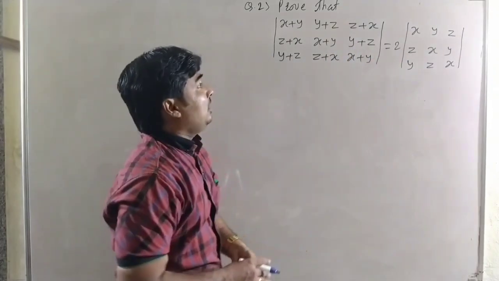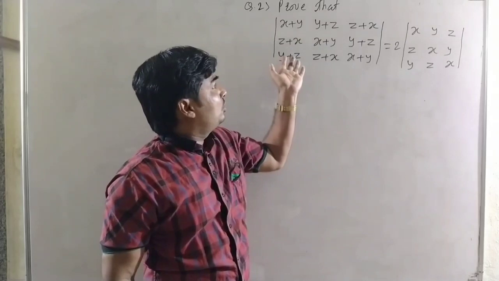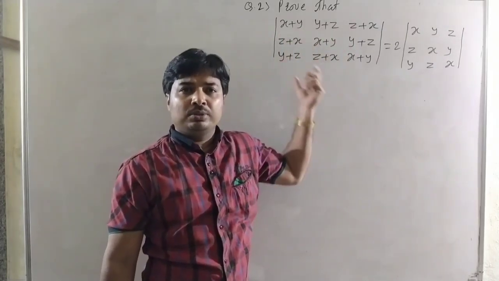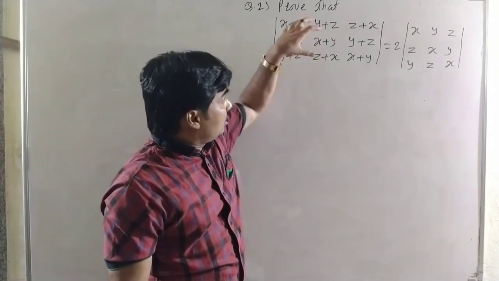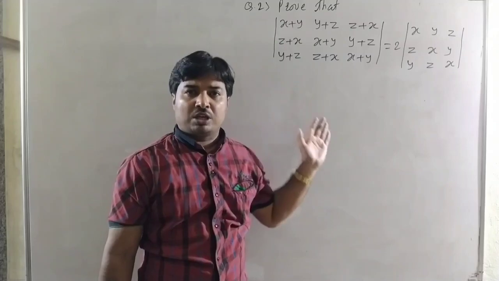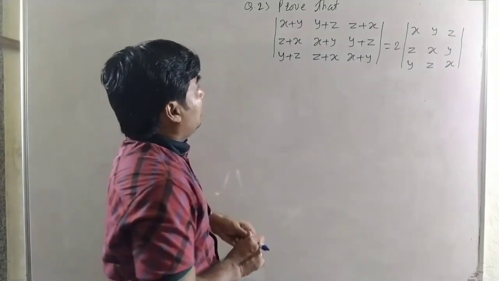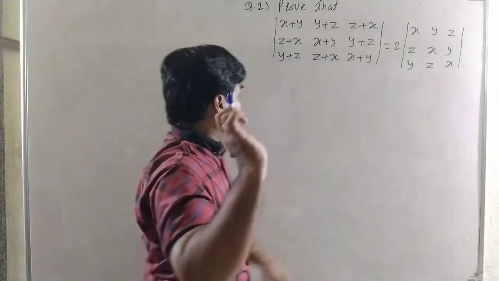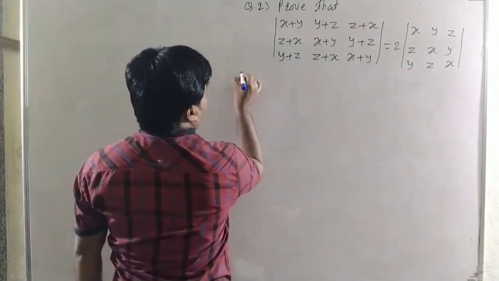But there is no number 2 common in any row or column. So first we perform a row transformation or column transformation, and then reduce this determinant to the form of this determinant.